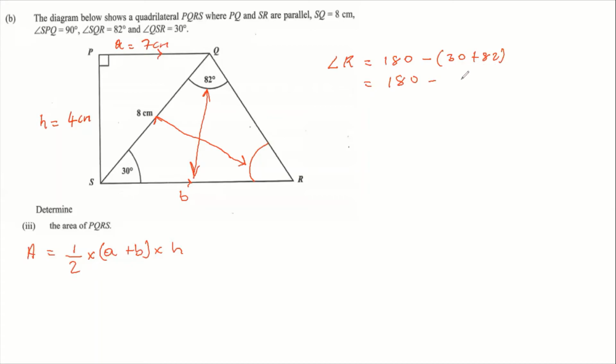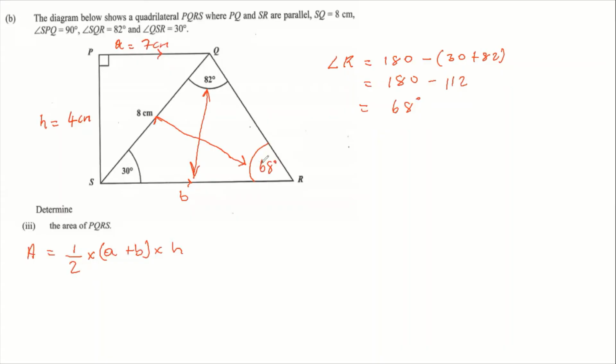That's just going to be 112. So what's 180 minus 112? That's going to leave us with 68 degrees. So we're saying that this angle here is 68 degrees.